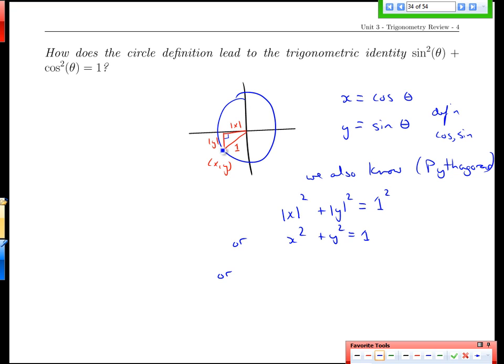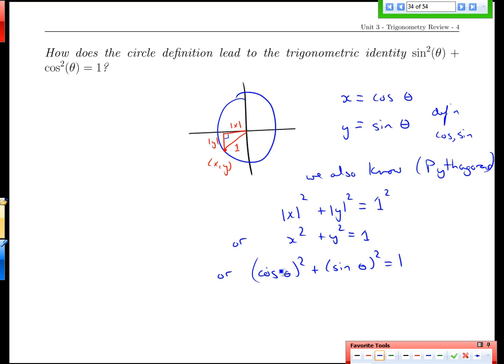But these x and y's aren't random points. They're defined by cos theta and sine theta. X is cos, and y is sine.